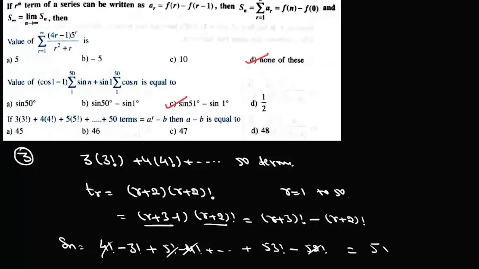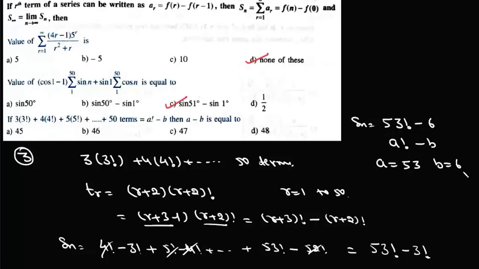So we'll get this as factorial 53 minus factorial 3, or this is factorial 53 minus 6. Now they have expressed it in the form factorial a minus b. So this a is 53 and b is 6. Now we need to find the value of a minus b. Now 53 minus 6 is 47, which is your option C.